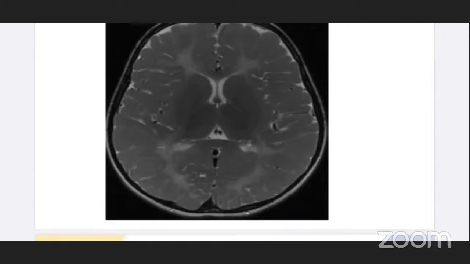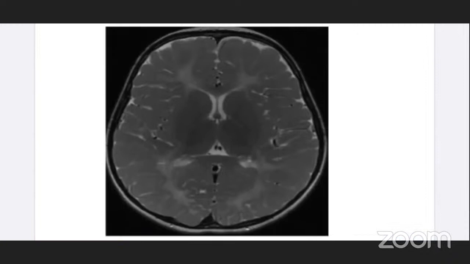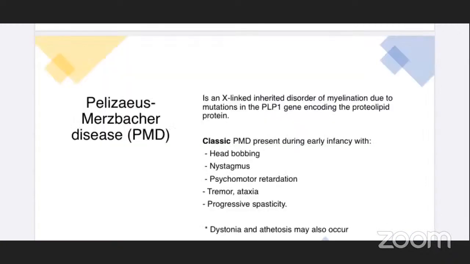This is a typical brain MRI of Pelizaeus-Merzbacher disease. It is an X-linked inherited disorder of myelination due to mutation of the PLP1 gene, encoding the proteolipid protein.